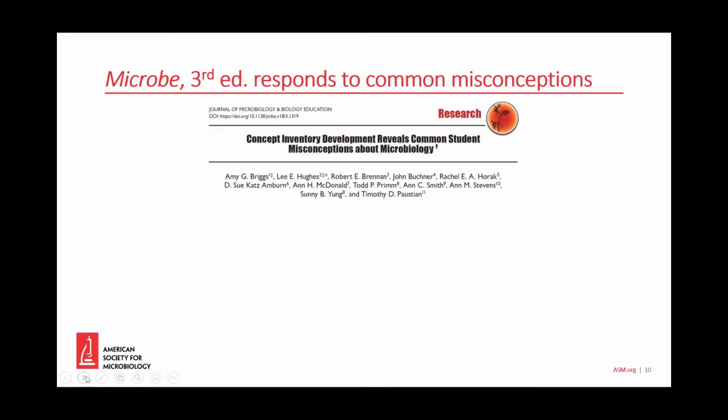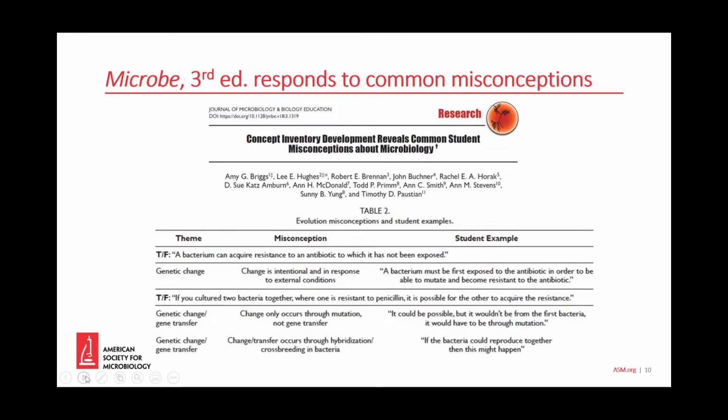Next slide. We applied our tool, our Microbiology Concept Inventory, to identify the most common student misconceptions in microbiology, and we published this data in JMBE. You can see 3 common misconceptions related to information flow in genetics in this slide. And you can see the name of the paper that we published in JMBE, and you can find the link in the chat.